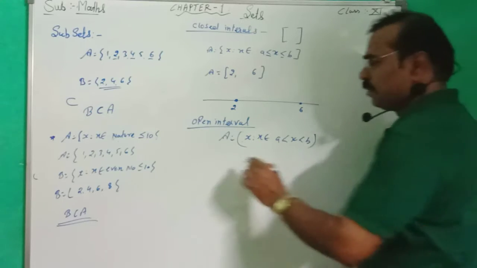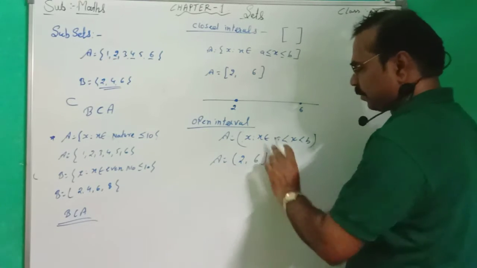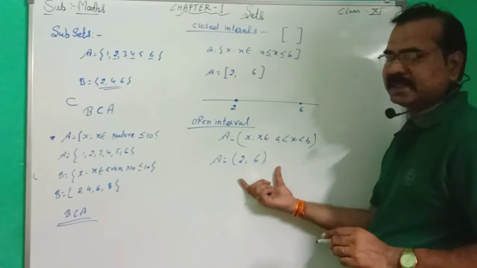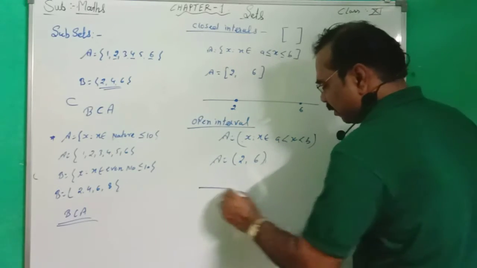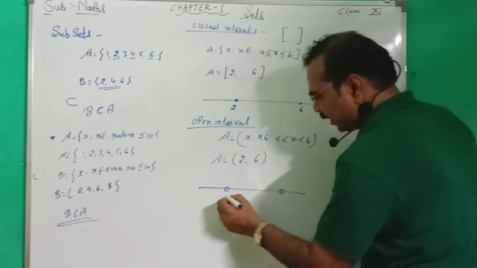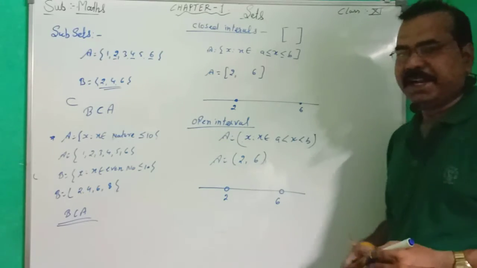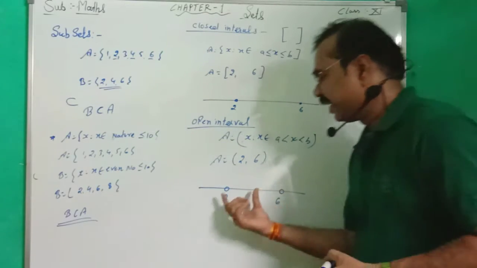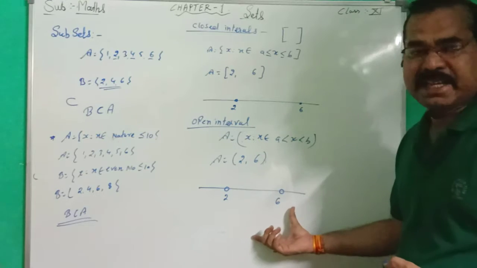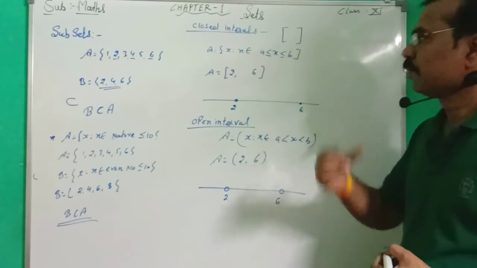Suppose you take the same 2 and 6. On a number line, the values between 2 and 6 make an open interval. We take values between 2 and 6, and 2 and 6 are not included, so that is called an open interval.